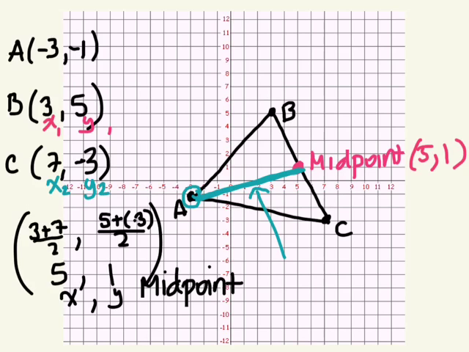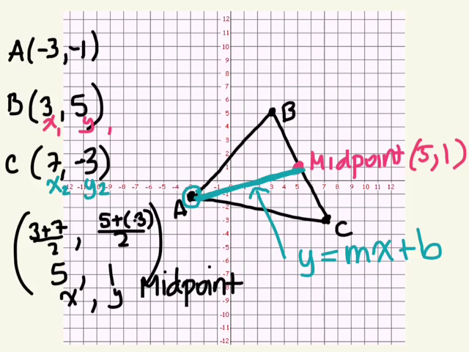So essentially what we're trying to find is what? How do you write the equation of a line in the form y equals mx plus b? I need to know what is the equation of this line. Well, you might remember this from grade 9.